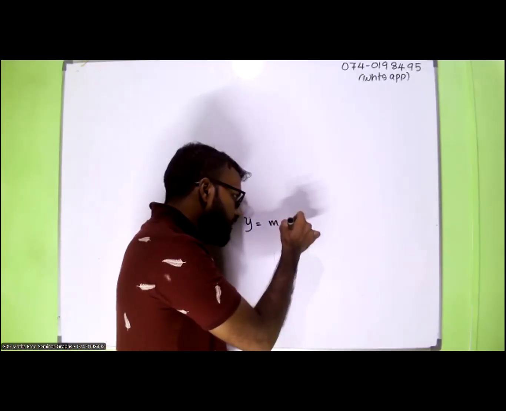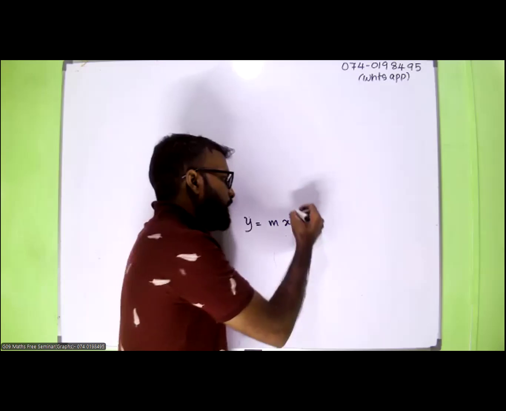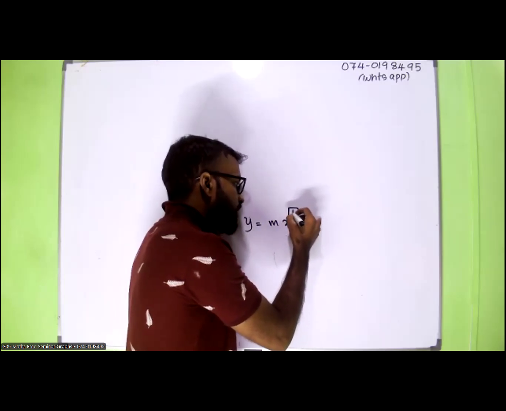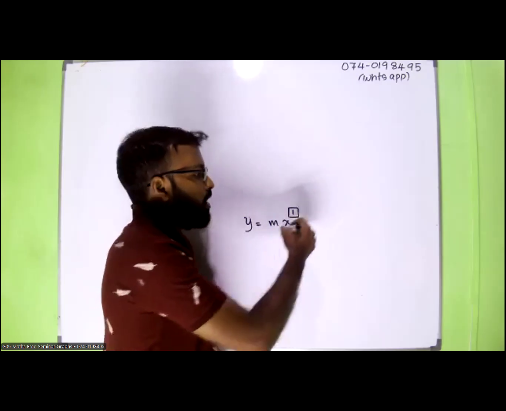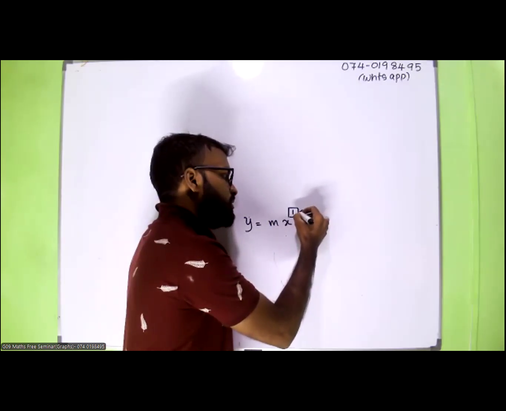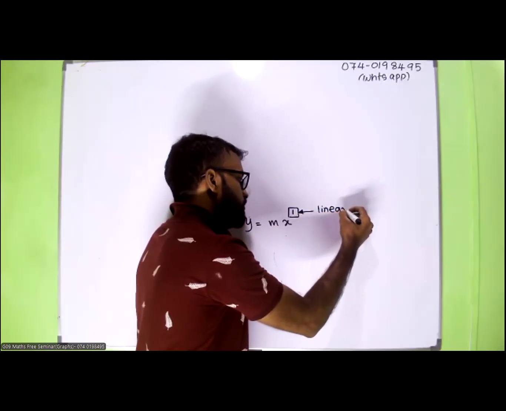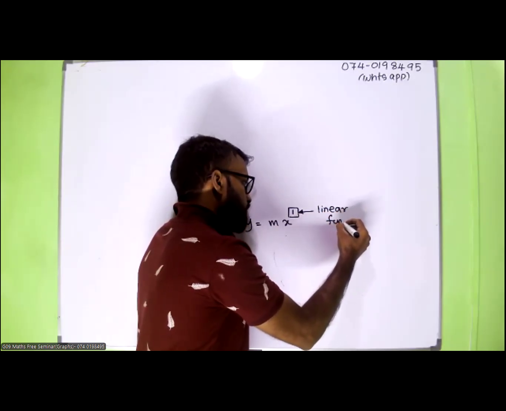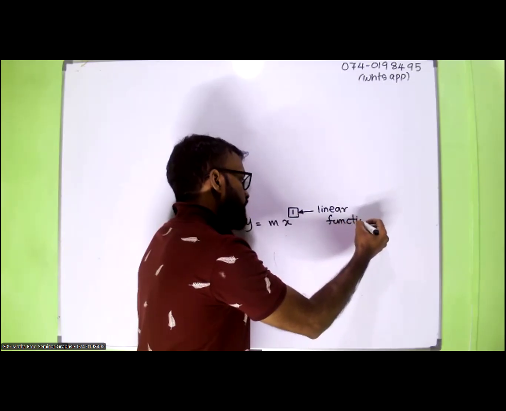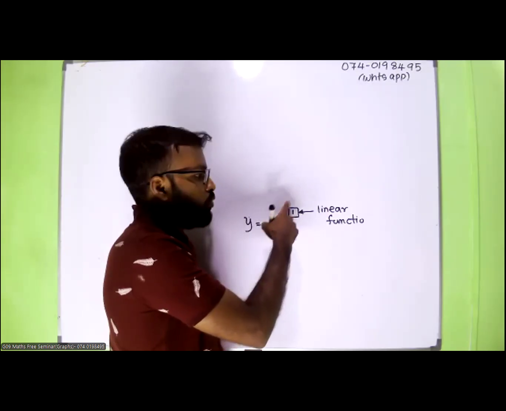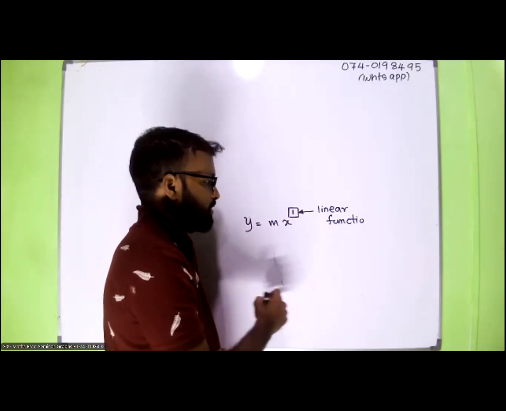Here the index is 1, x to the power 1. So this is your linear function, because if the power of x equals 1, it is called a linear function.